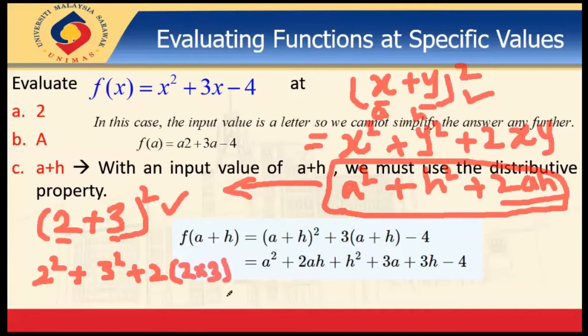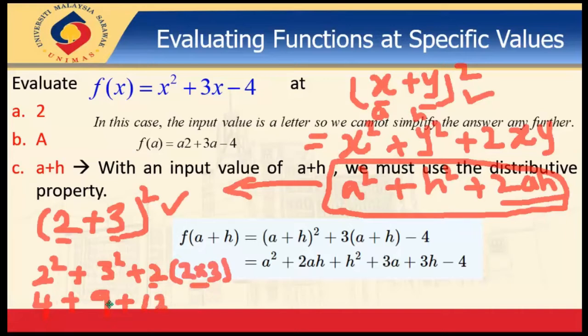Now 2 square, you tell me first. 4. 3 square, 9. Plus, you see, 2 multiply 3, this one first, 2 multiply 3 is 6, and then 6 multiply 2 is 12.